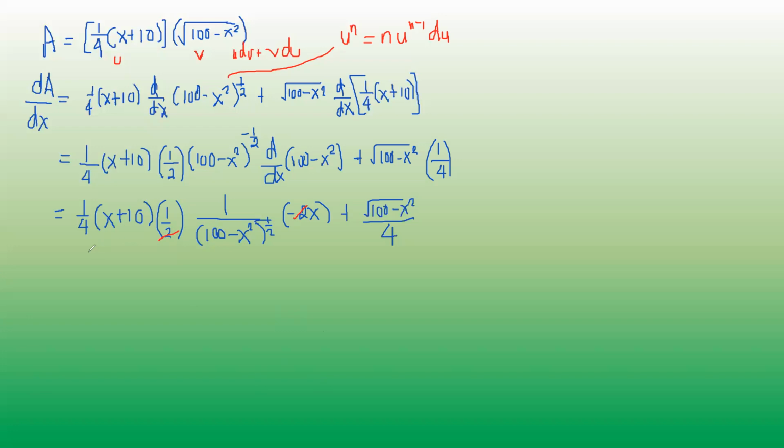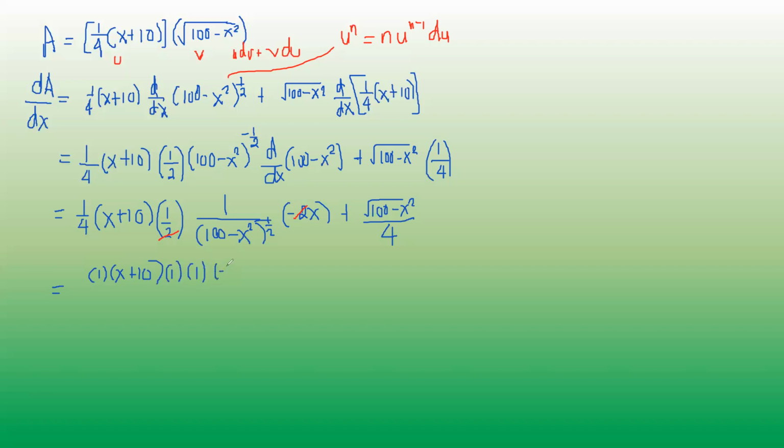Then, we now have, taas muna lahat multiply natin taas. 1 times x plus 10. Ayusin natin. 1, puro taas muna, times x plus 10. Ang isa pang taas ay 1 times 1.